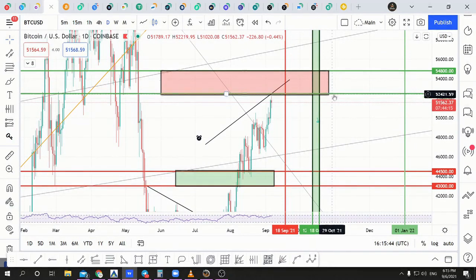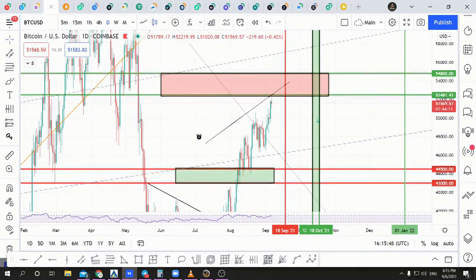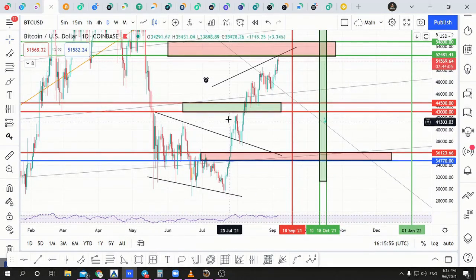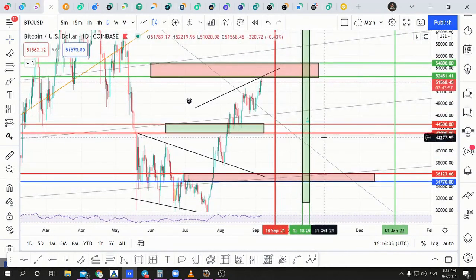This is a mighty resistance, so you have to take care about this area. Again, for those who are following me, we previously decided this area was a very tough resistance, and if we broke this area, we would go directly to the 52, and that's what happened already.